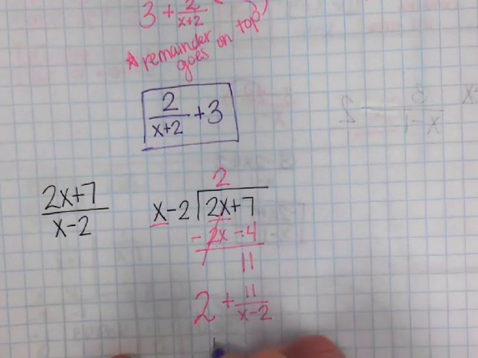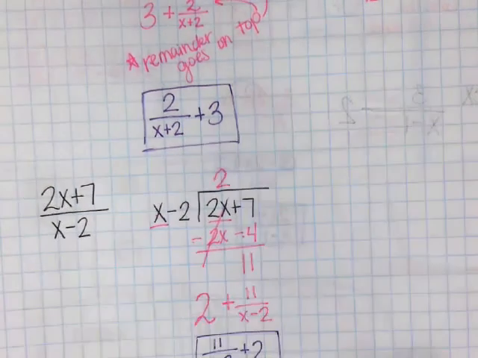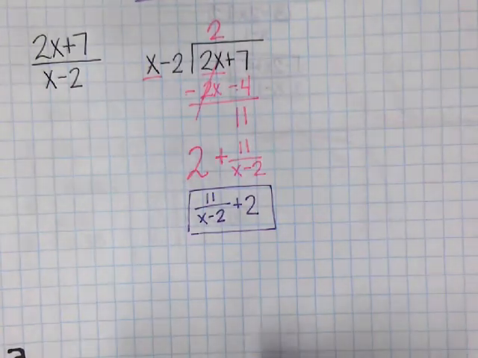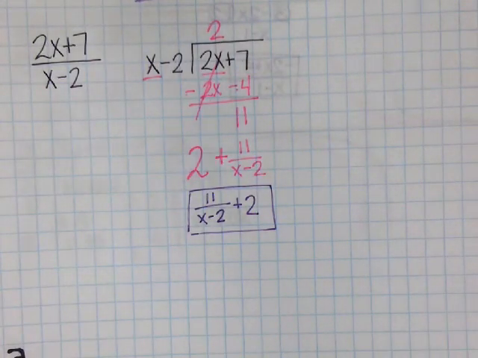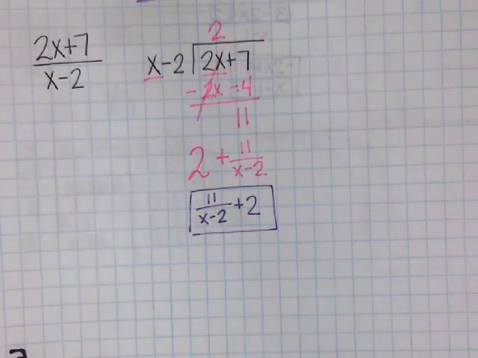The only thing you have to do here is rewrite it so the plus 2 is at the end: 11 over x minus 2 plus 2. So that is how you go from quotient to transformation form.